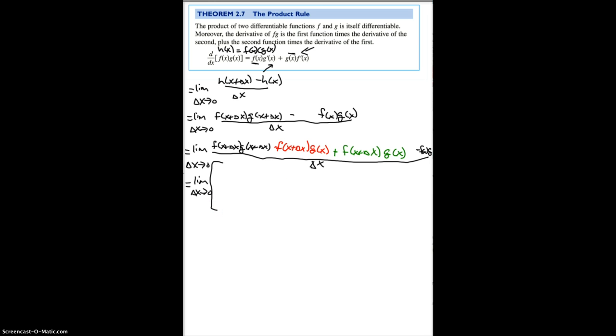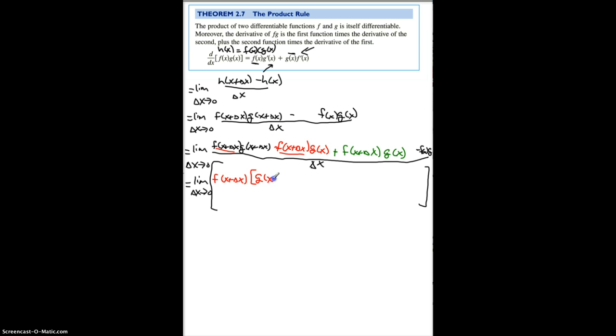All right. Now let's rewrite things. I'm going to do the first one in red. If I look at the red, I'm going to factor out f of x plus delta x. So this is f of x plus delta x times, what am I left with?